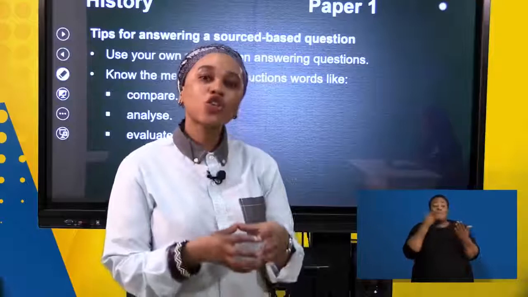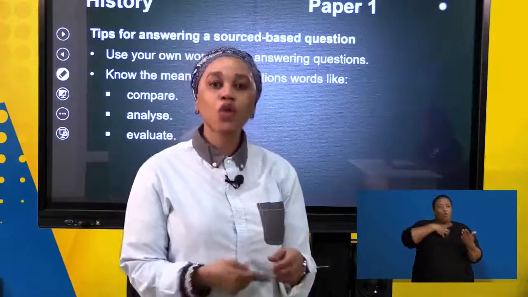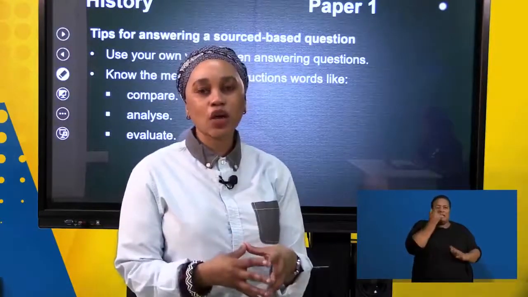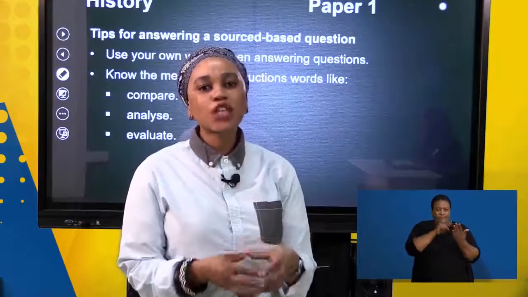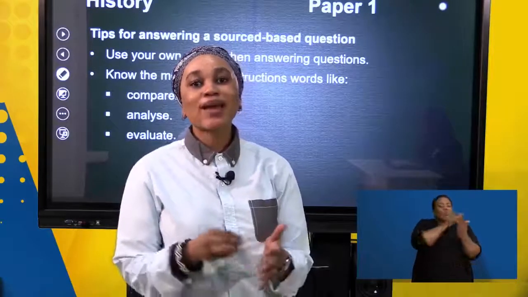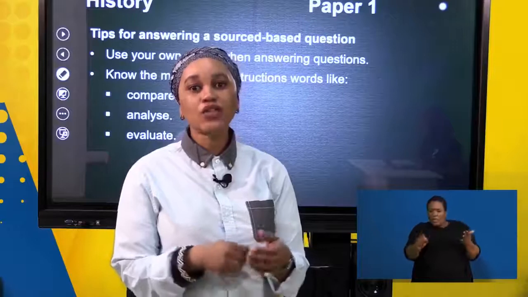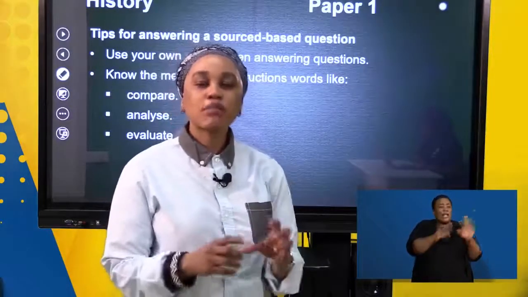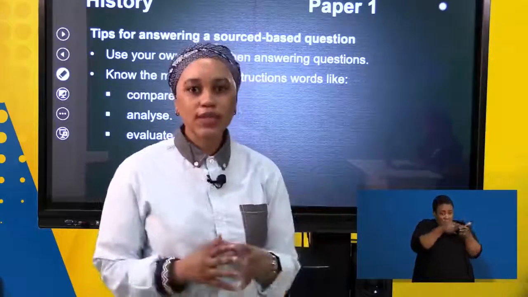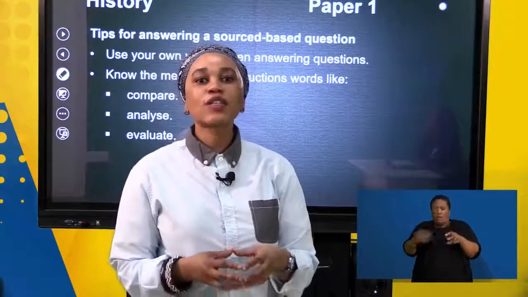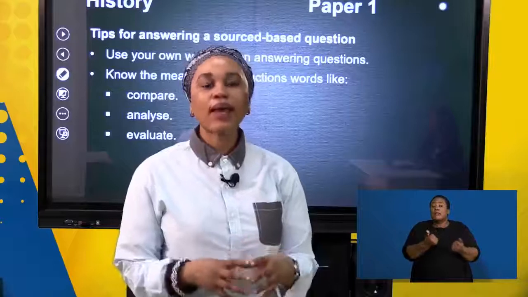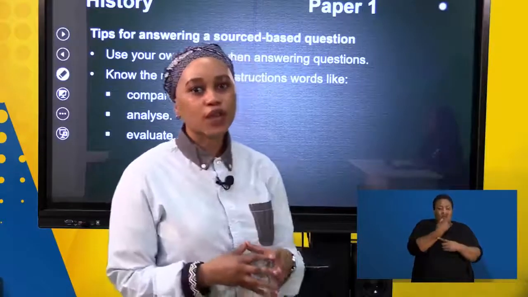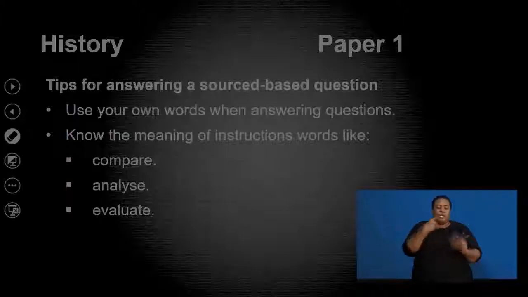You have to use your own words to show that you understand the meaning of that concept. Please don't just repeat the words of the source unless the instruction tells you to do that. If the instruction says, quote from the source, that means you are just writing the words as they are. However, when you are expected to interpret, then you have to use your own words. That is very important. Okay.